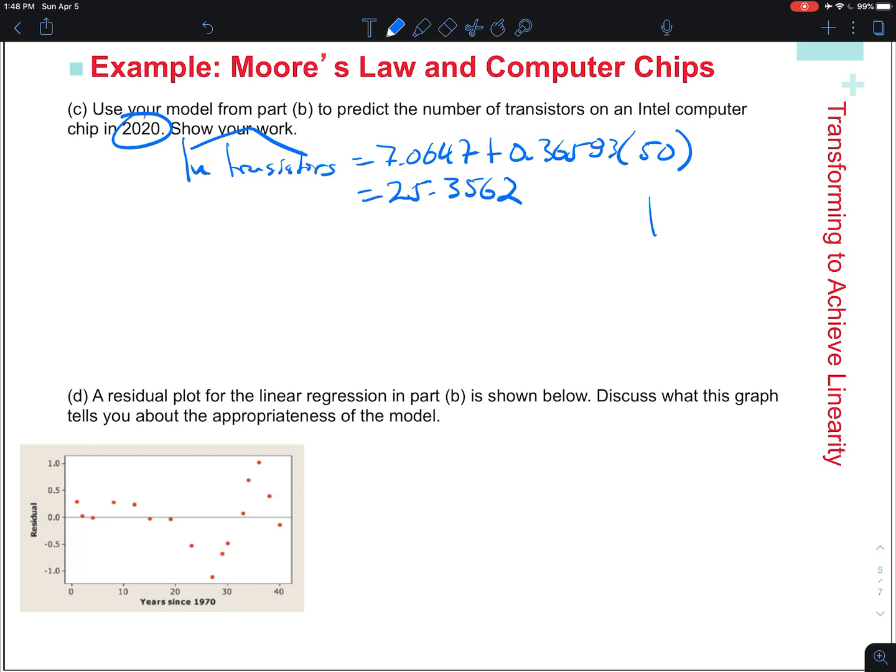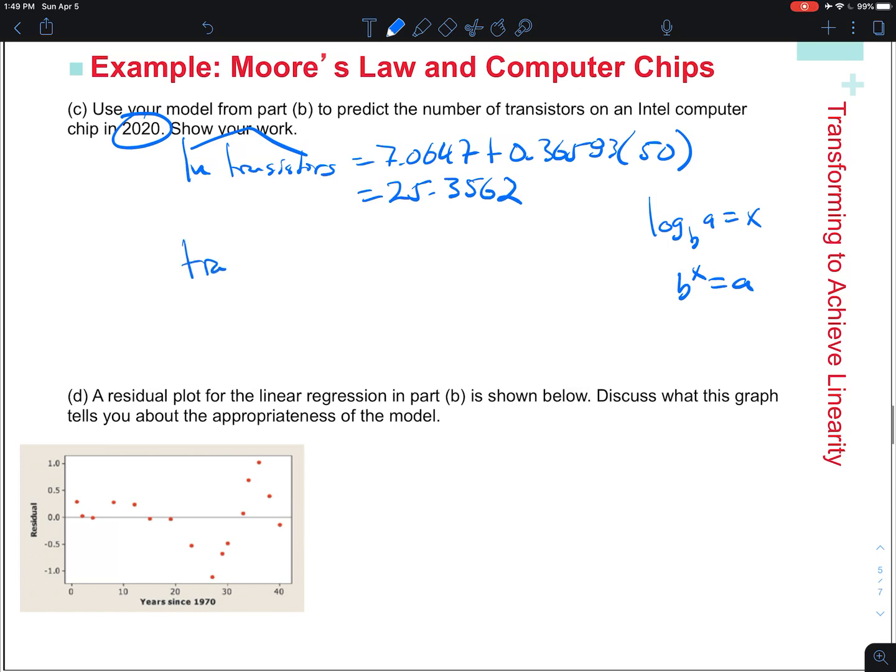And hopefully you recall log base b of a equals x means b to the x equals a. That's our relationship there. Turning a log expression into an exponential expression is then going to get us log base e of transistors equals that.